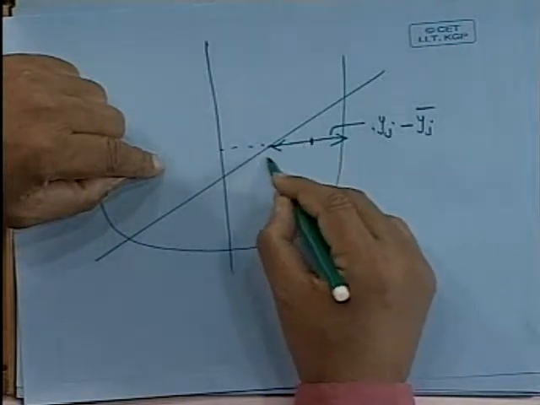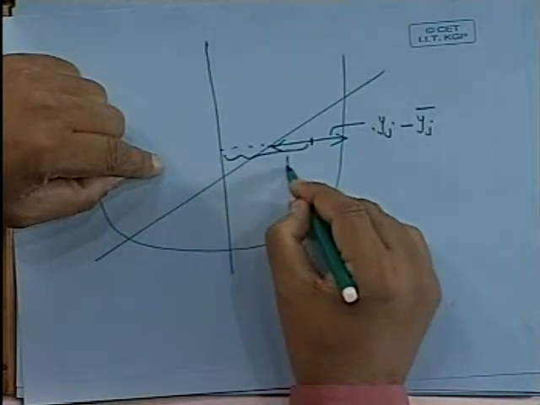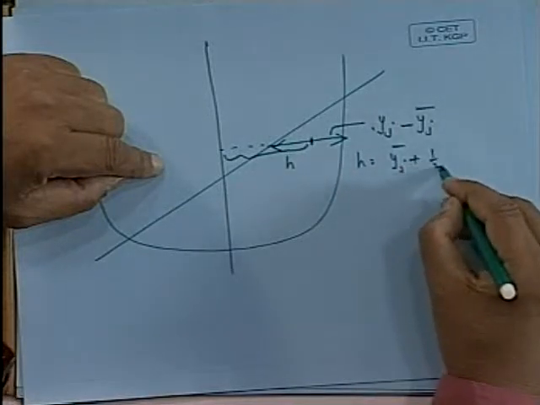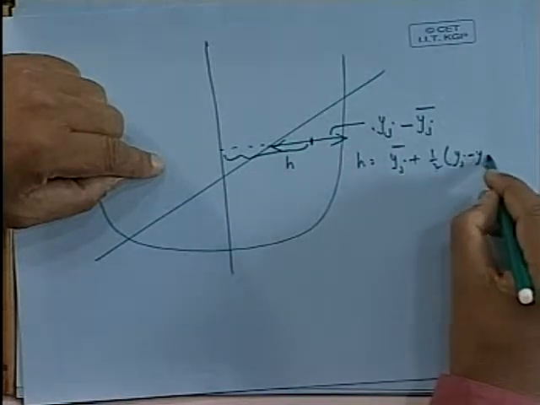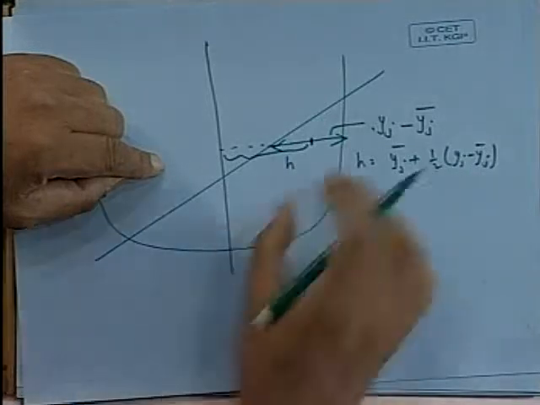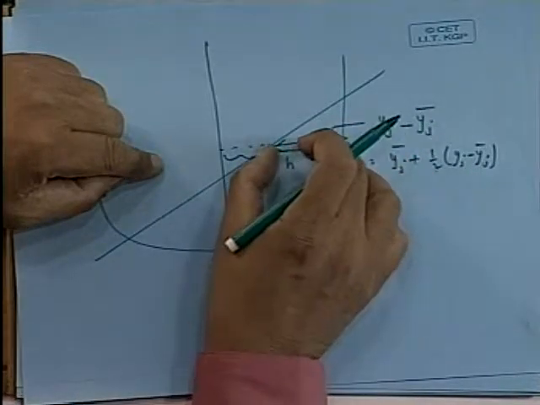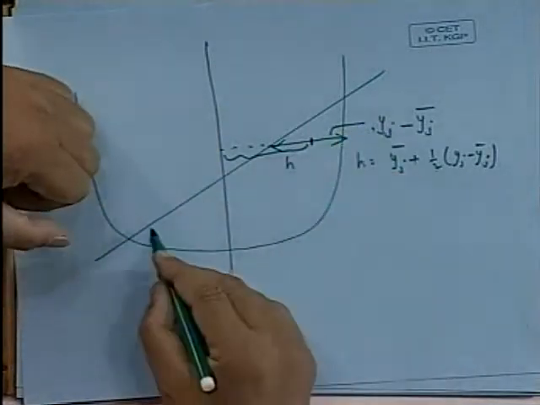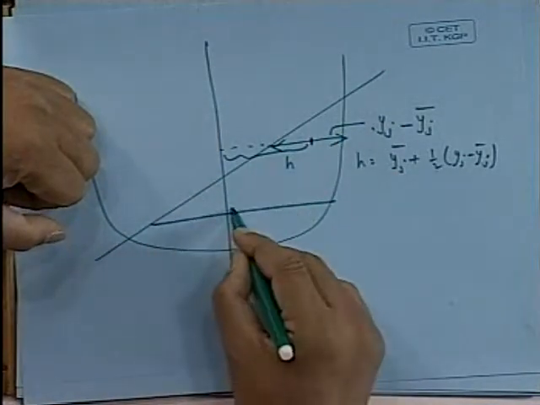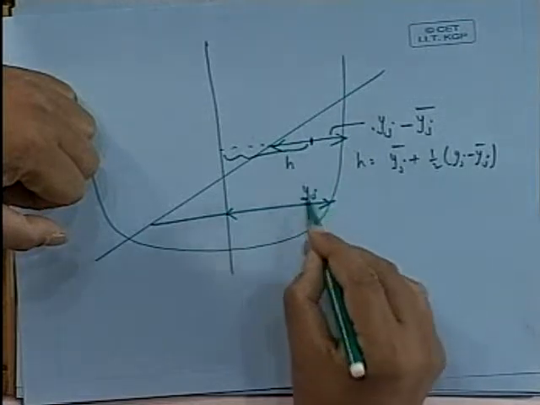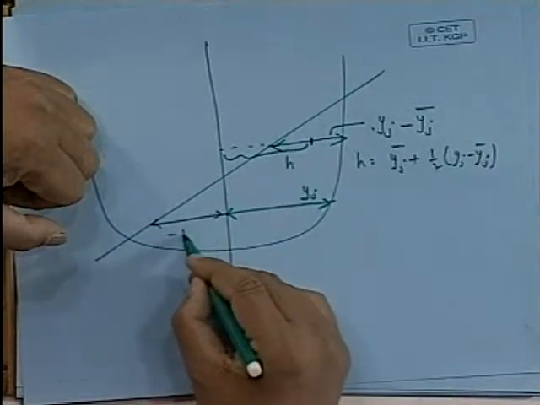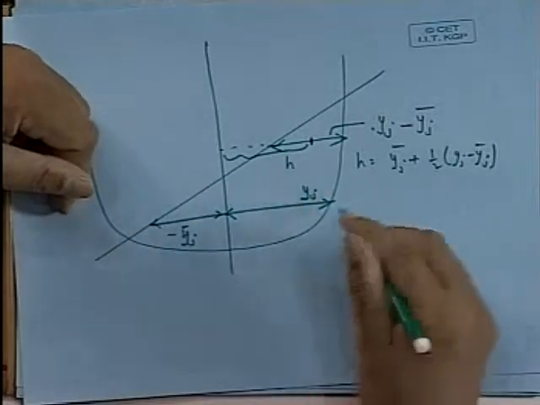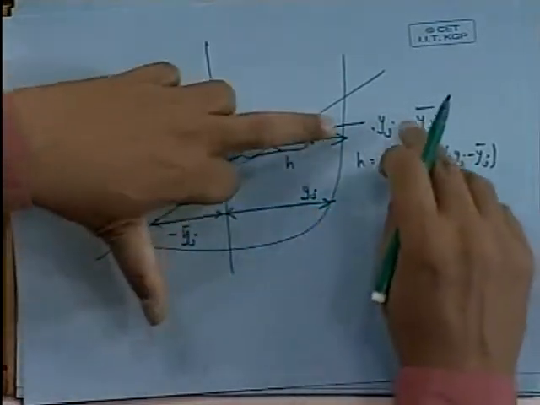This is my h. Okay, so h in this case is yj bar plus half of yj minus yj bar. Yj minus yj bar is this, half of that is this plus this. So we have got this. You take a point here, this is my yj, this is my minus yj bar, because I am taking minus because of this. So the same thing will actually apply.